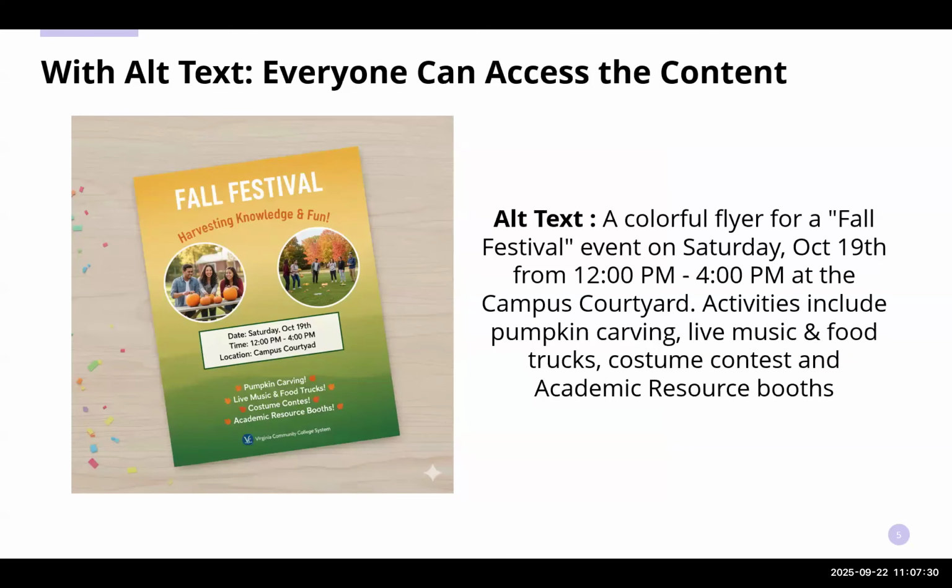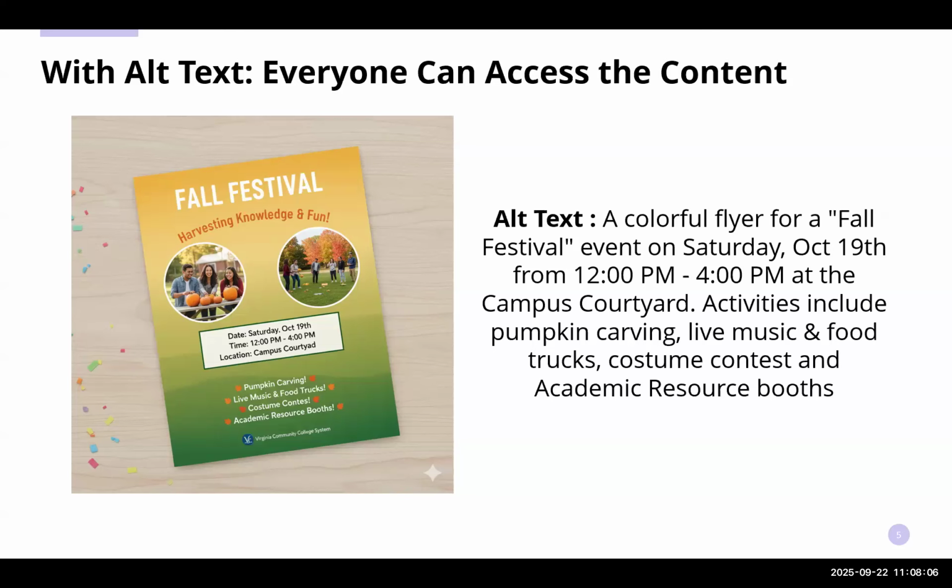Now let's look at what happens when we include alt text. In this example, we have an image of a flyer, something very commonly used in most institutions, right? So if a student, staff, or faculty member, or anyone can't see the image, alt text makes a huge difference here. Now, instead of just image or graphic, this time the screen reader will say, a colorful flyer for a fall festival event on Saturday, October 19th from 12 p.m. to 4 p.m. at the campus courtyard.